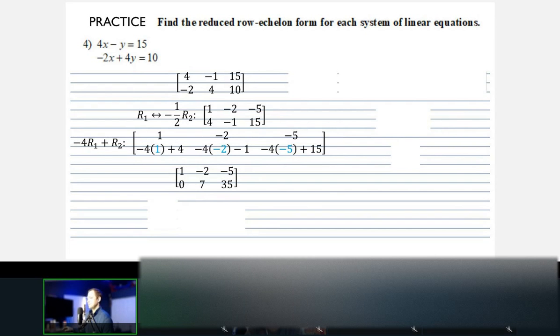All right, what's our next step? Yeah, 1/7 times row 2. I would agree. All right, what's our final step? What's our last row operation we need to do?